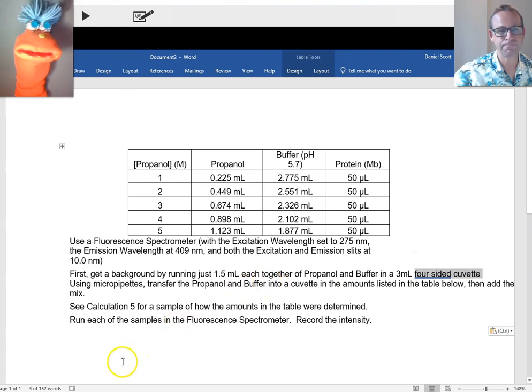All right, so I'm going to provide you the signal for these different results, and we're going to plot the signal versus concentration. I'd like you to look up protein unfolding experiments using fluorescence.